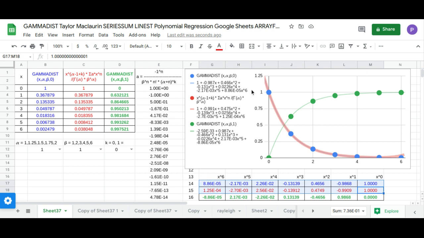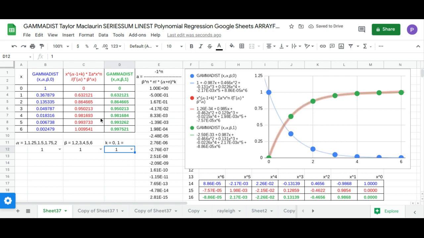Here, that's the polynomial regression, they're the same. If you say k equals 1, the expansion approximates the cumulative distribution function, and the polynomial regression coefficients are the same. We go to 2 right now because this is 1, so we can increase that to alpha.